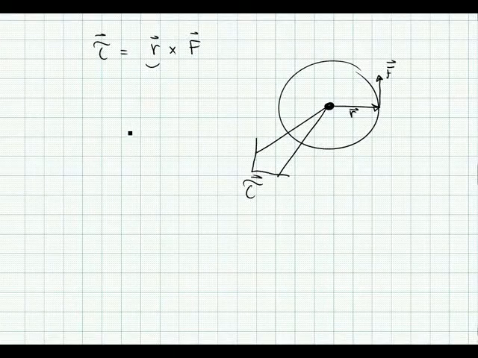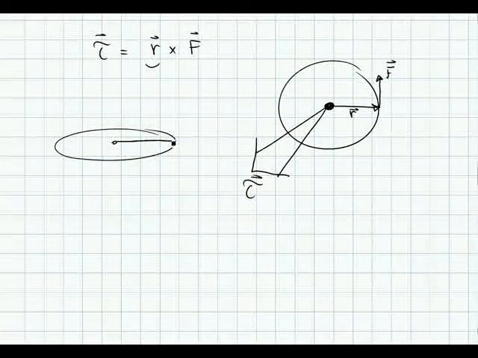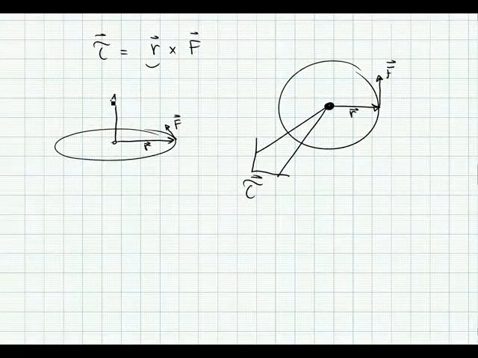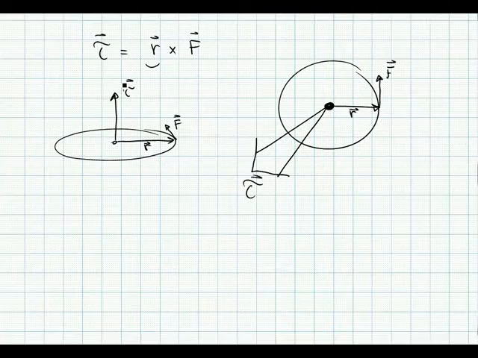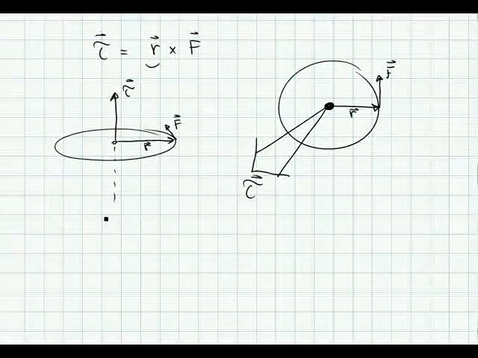So in the case of a rotating disk, if I do a side view, this is our moment arm vector, that's the force vector, then torque is pointing out of the page, that's our rotation axis here, right?